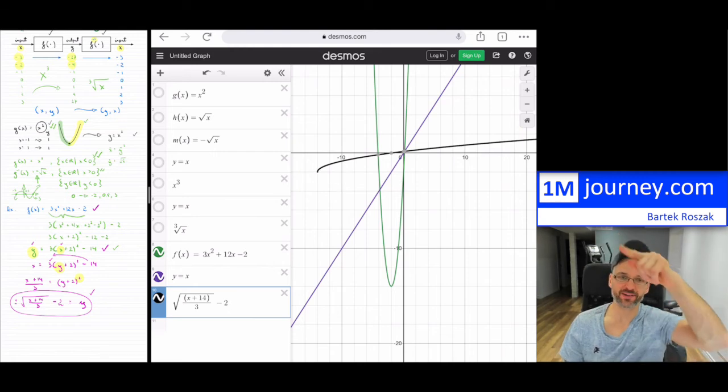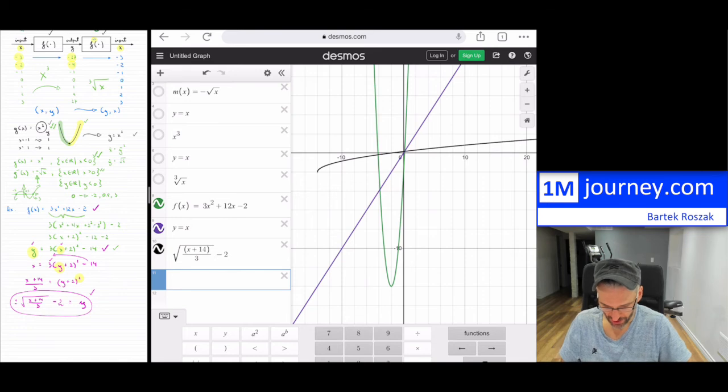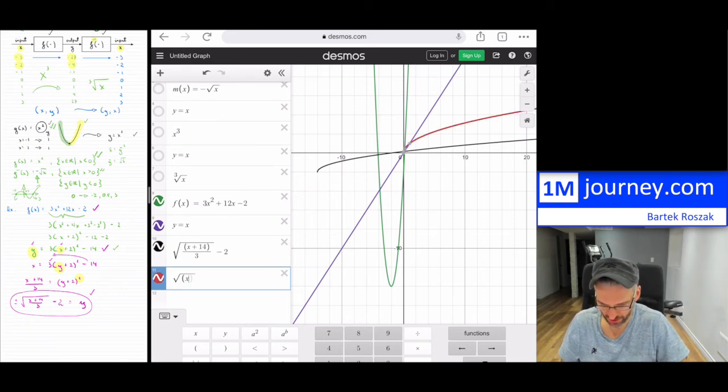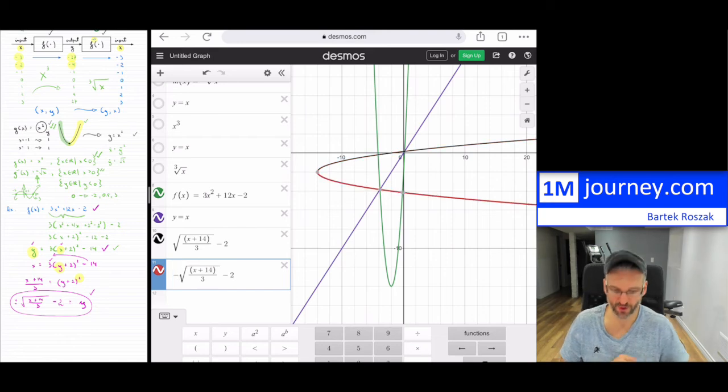Now if we want the other half, you're going to have to redefine this and put the negative side as well. So it's going to be the square root. Okay, so we put the same thing: x plus 14 divided by 3 minus 2. But in front there, we have to put negative. And we get the bottom piece.